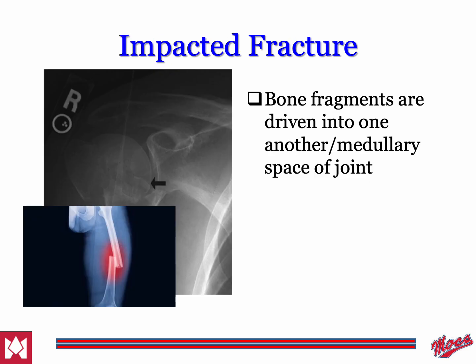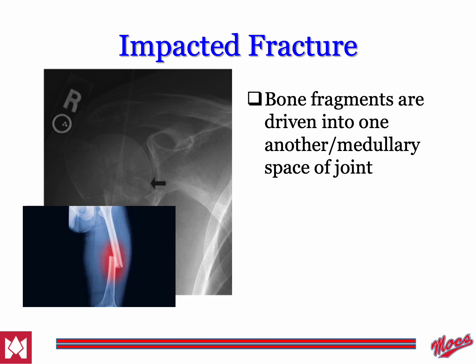All right, next is an impacted fracture, and that's when bone fragments or pieces are actually driven into one another. It can be driven into one another such that they slide past each other, as seen in this bottom image here. But they can also be driven into each other, meaning a certain bone can be driven into the medullary capsule or space of a joint.